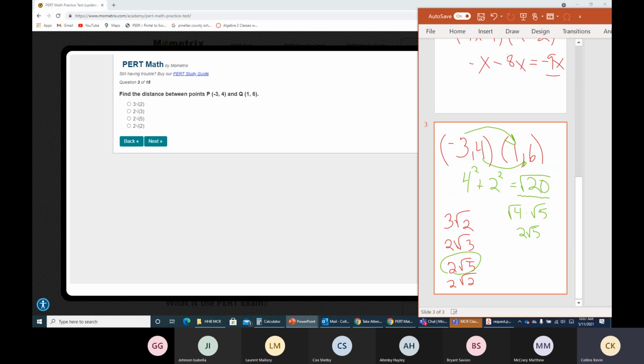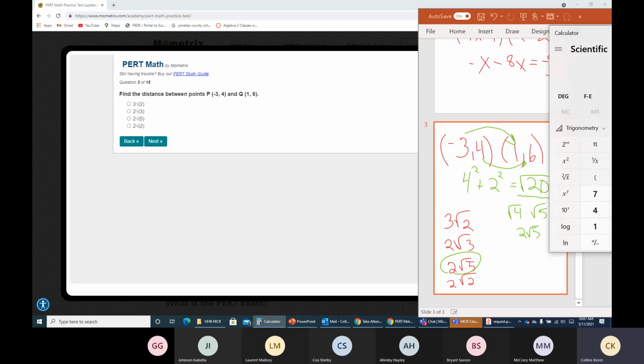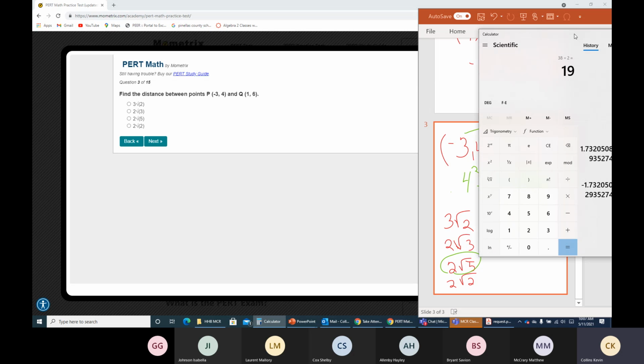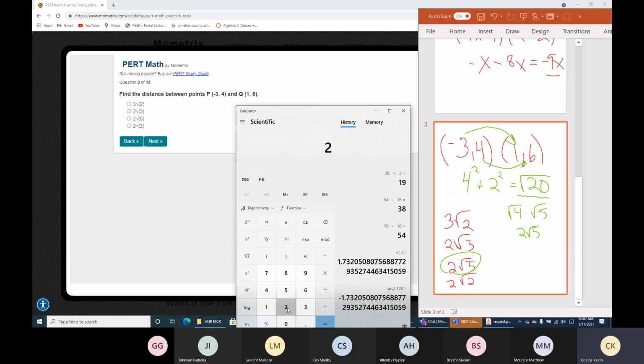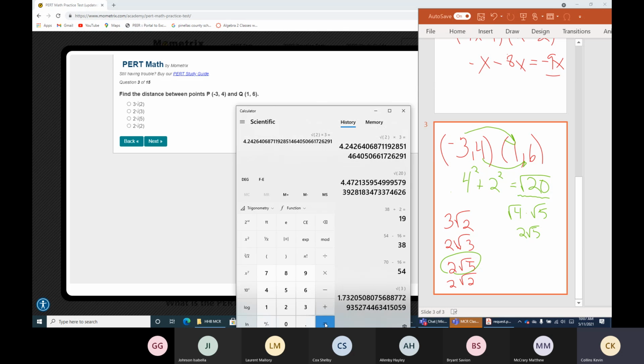Now, if you didn't want to go through all that, what you could do is you say, all right, let me get my calculator out. Let's move into the scene here. All right, so I get my calculator out, and I do 20, and I take the square root. So 4.47. And we look at our answers and we say, okay, which one's going to give us that? So you could just start at the top. So we say we go 2 square rooted times 3. So that's only 4.24.